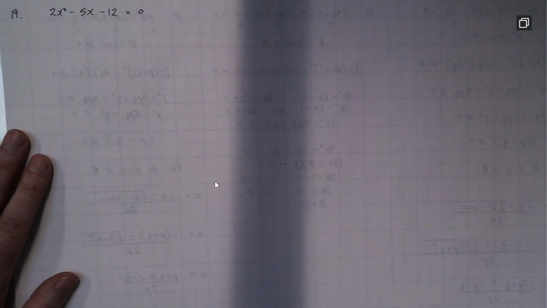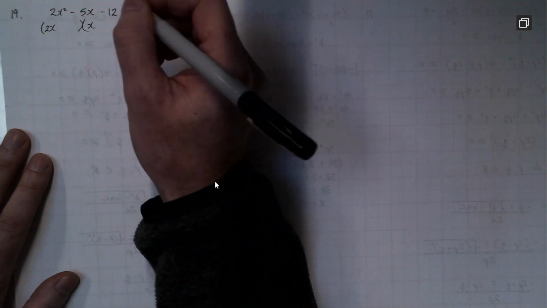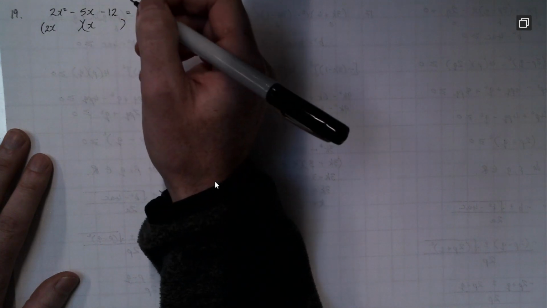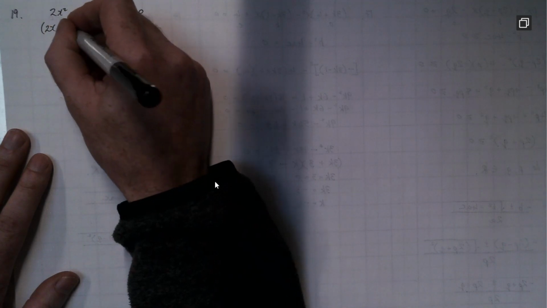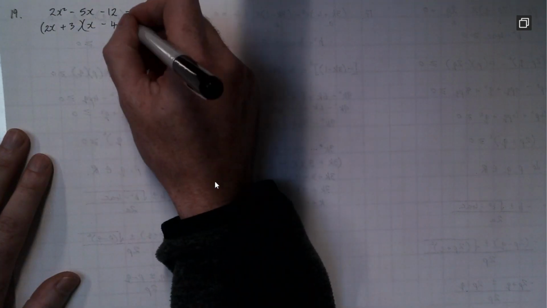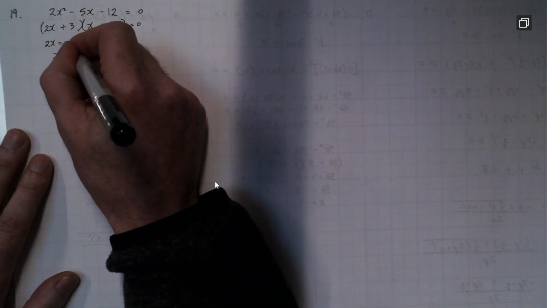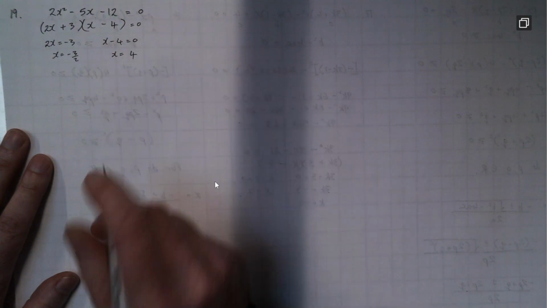This is factorizing: 2x plus 3 and x minus 4. Multiplying out, 2x times x, 3 times 4. So (2x plus 3)(x minus 4) equals 0. Perfect. Equals 0, so 2x plus 3 equals 0 or x minus 4 equals 0. The first part is very straightforward, you just factorize.